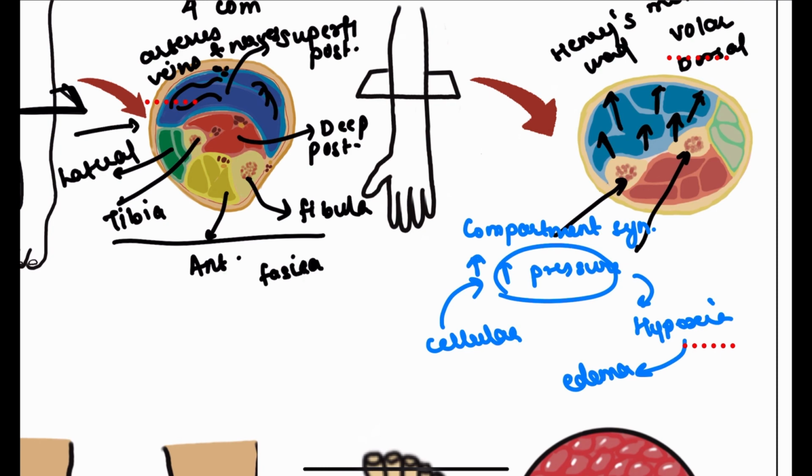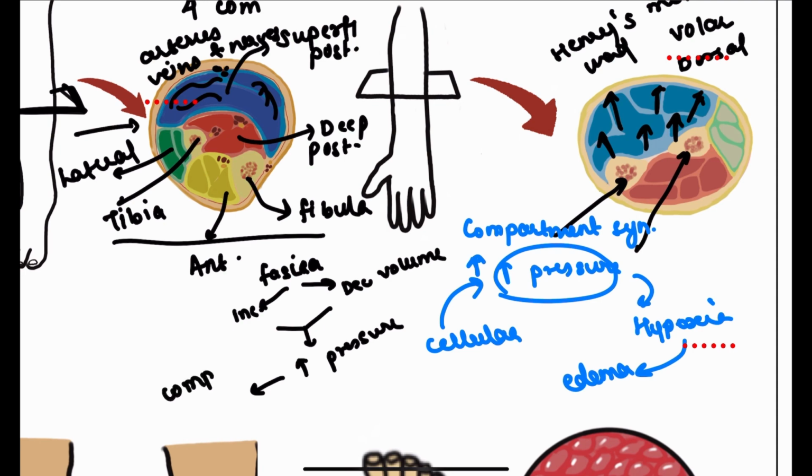If there is an increase in the volume or a decrease in the volume capacity, that will in turn lead to an increase in the pressure in the compartment. By this increase in pressure, the structures are going to get compressed. The first structures to get compressed are the veins. The next structures to get compressed are the arteries.